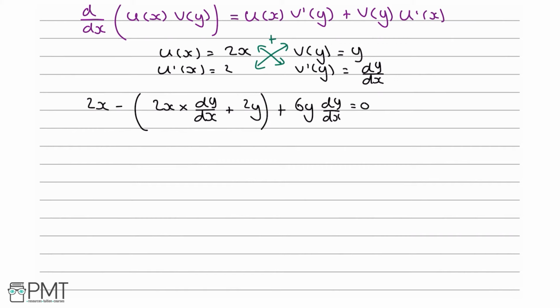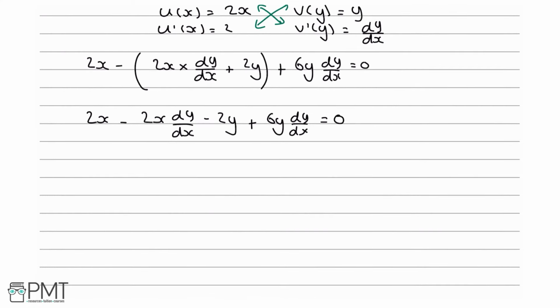So, I'm going to say this becomes 2x minus 2x times dy by dx minus 2y. All I've done is taken this minus and multiplied it by both of our terms. Plus 6y dy by dx, this equals 0, okay? Now, the next step is to take out dy by dx as a factor. So we're going to have dy by dx times 6y minus 2x equals 2y minus 2x.